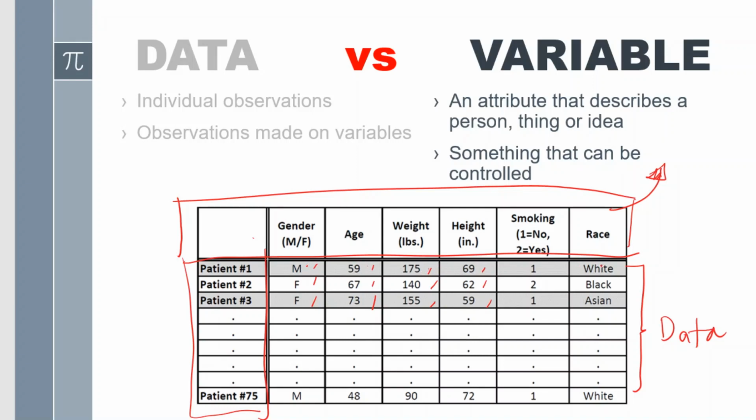Those are the observations. While the variables are the attributes that describe what you are looking for, and something that can be controlled. So you can control what you want to know in your study.